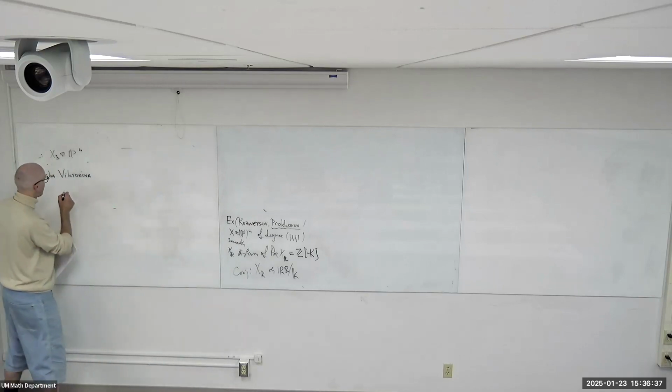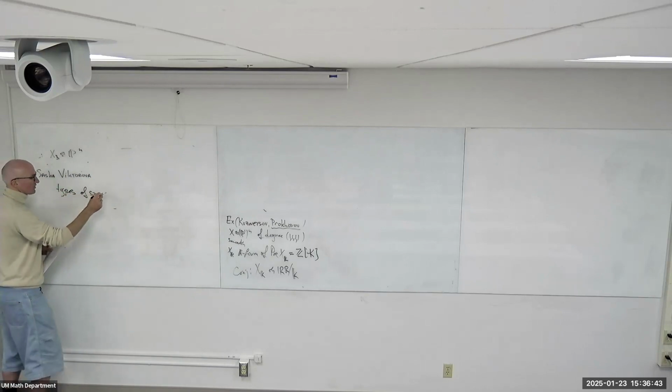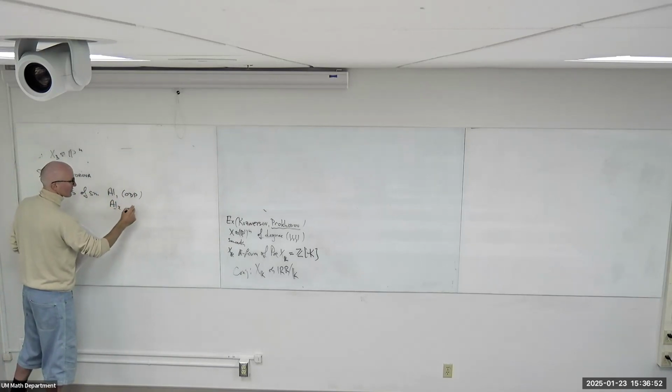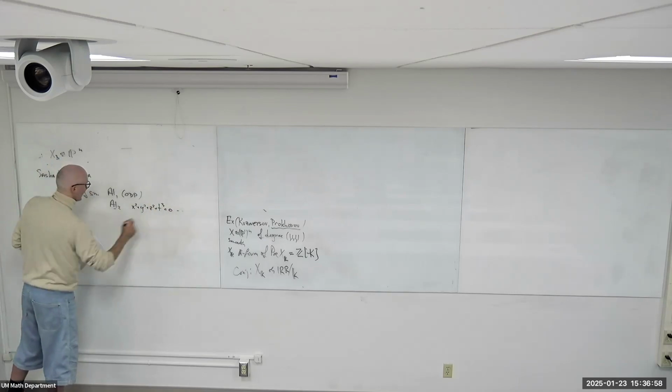Usually we have types of singularities, like A1, the ordinary double point, or A2, whose basic local equation is x squared plus y squared plus and so on.